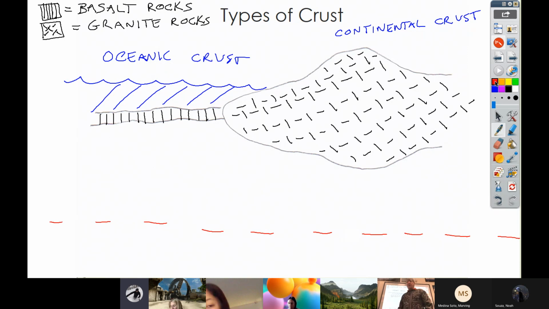We would have to zoom out further in order to see the core of the Earth at all. We can't see the outer core or the inner core. Only the lithosphere and part of the asthenosphere. That's all we can see. So remember, the lithosphere is going to include crust and upper mantle.